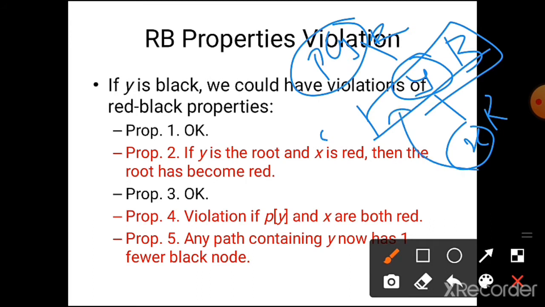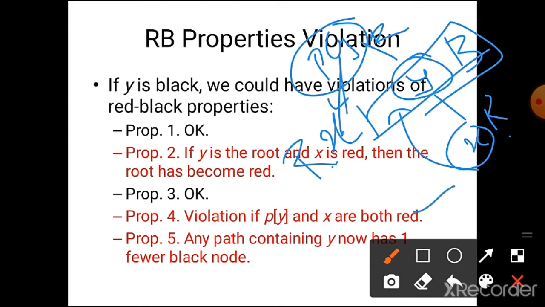So x is replaced here and its color is red. So here there is a red-black property violation, because a red parent-child relationship occurs, so it violates the fourth property.